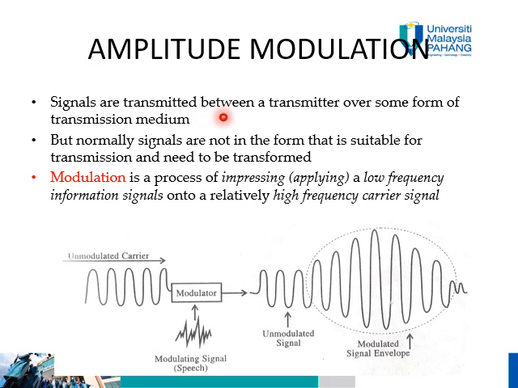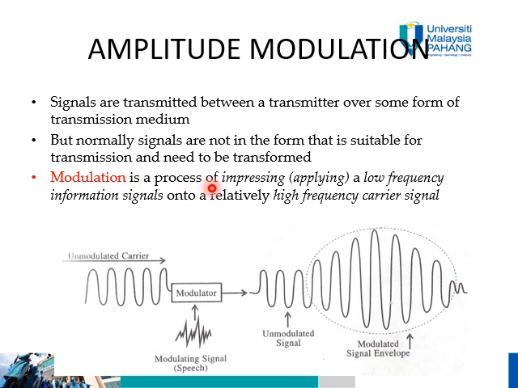Signals are transmitted from a transmitter over some form of transmission medium. But normally signals are not in a form that is suitable for transmission and need to be transformed. Modulation is the process of transforming this signal.